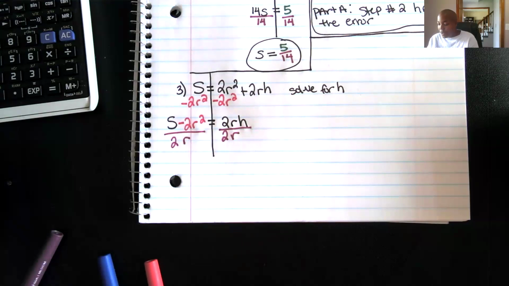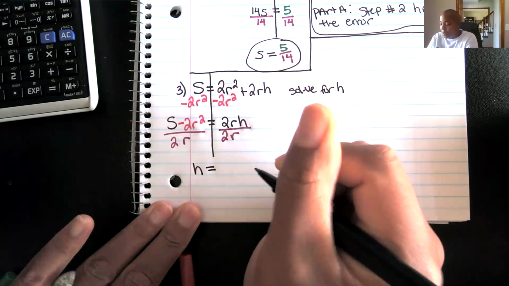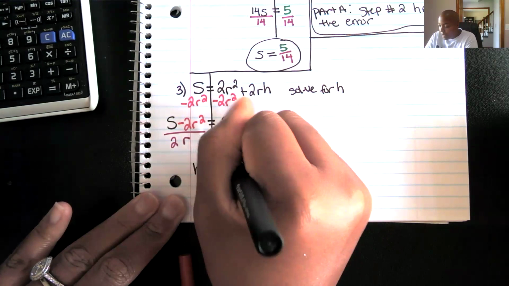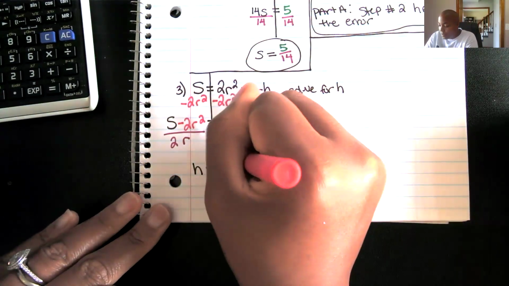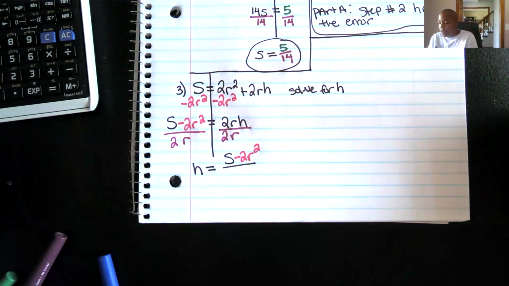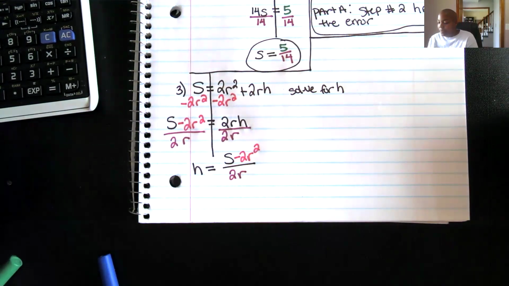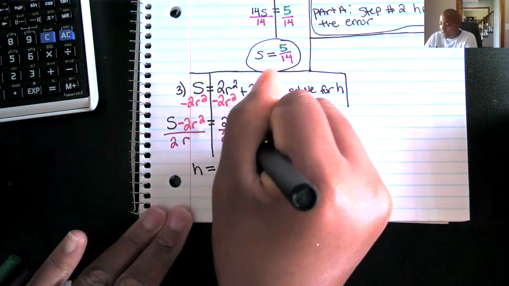The r and the 2 get crossed out, so now we have our answer for h. h is equal to capital S minus 2r squared over 2r. And done. Circle your answer.